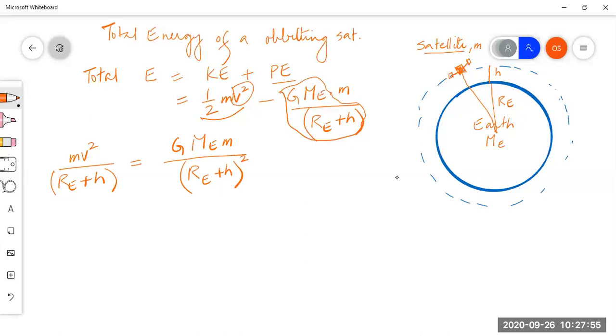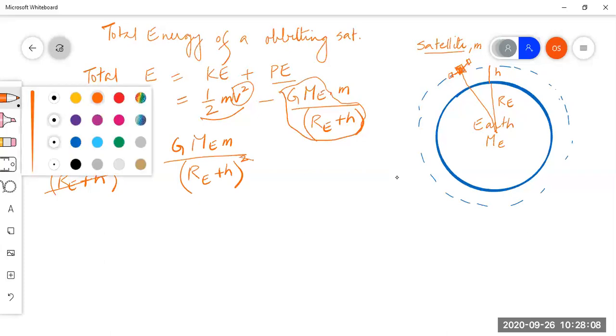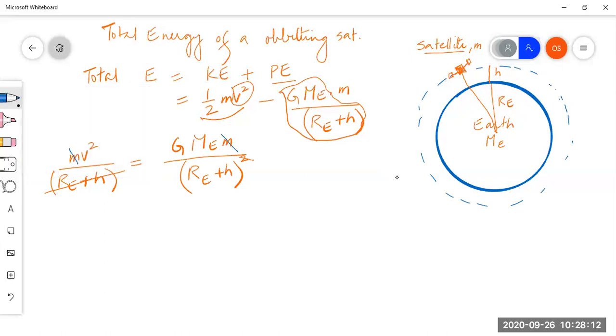So if I multiply both sides by Re plus h, this cancels and this square also cancels. If I divide both sides by m, m will cancel. So I'll have v square is equal to G M e by Re plus h.